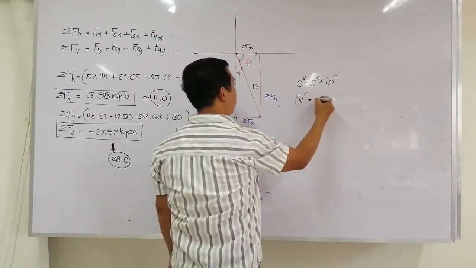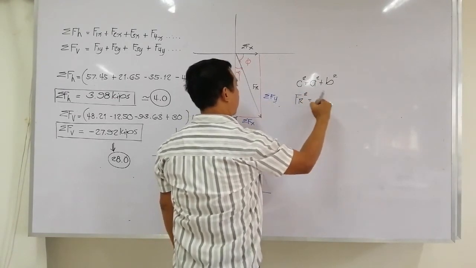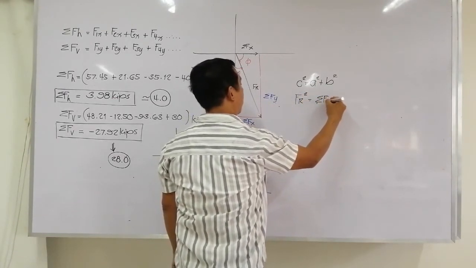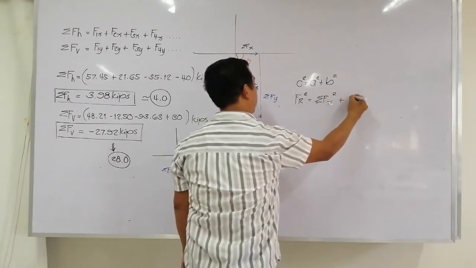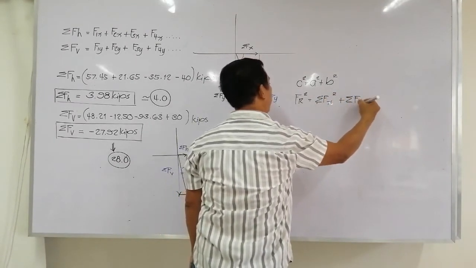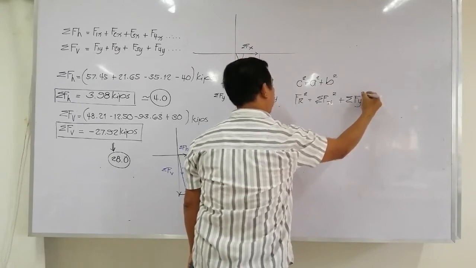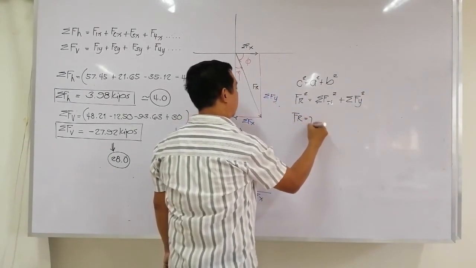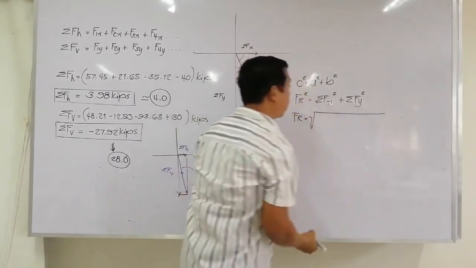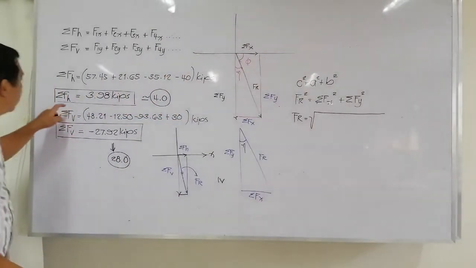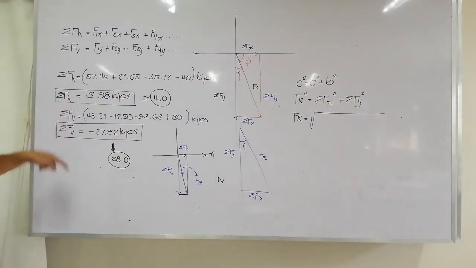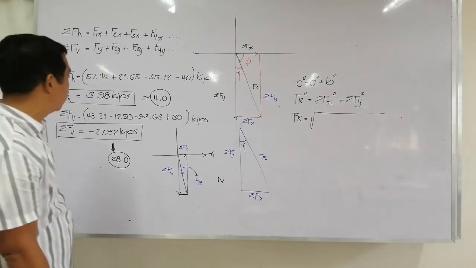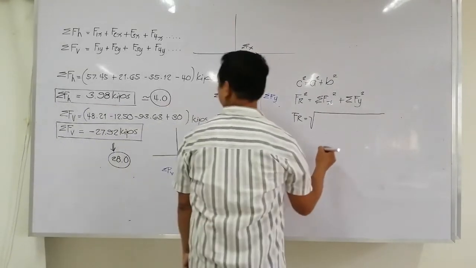FR squared is equivalent to your summation of forces along the x squared plus the summation of forces along the y or vertical axis squared. Now, you would have it as FR is the extraction of the root of the sum of the squares ng ating summation FH at saka summation FV, or the x and y values.